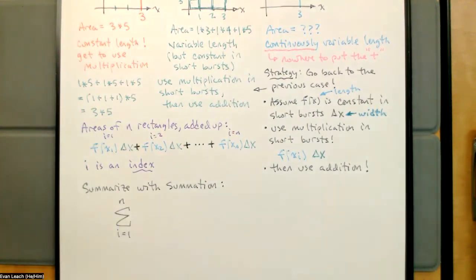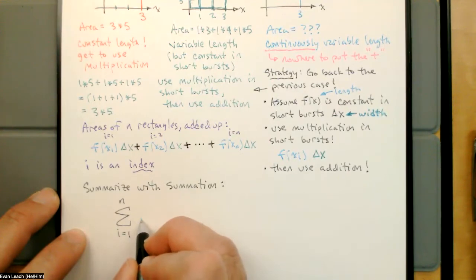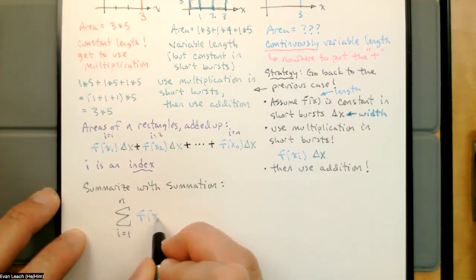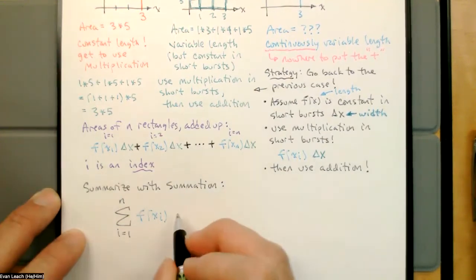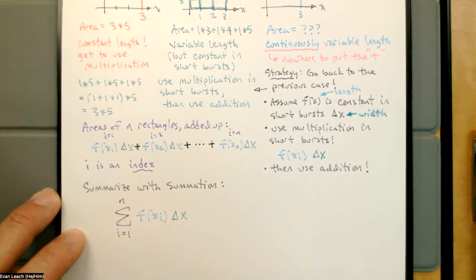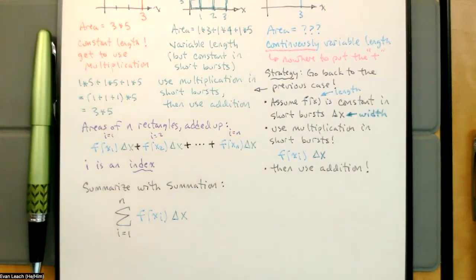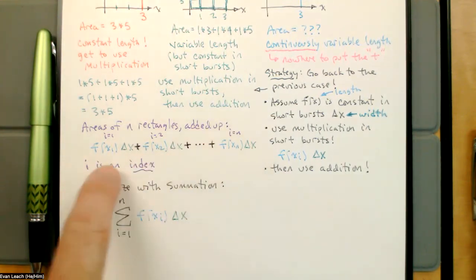And then we just write the form where we plug in the index. So we write f at x sub i times delta x. So the sum as i goes from 1 to n of f at xi delta x would be the way to write a summation for this expression up here.